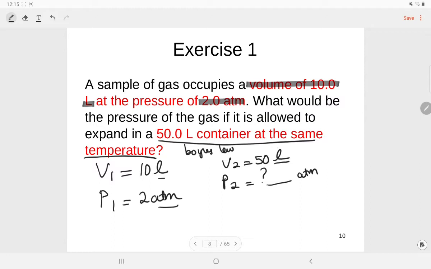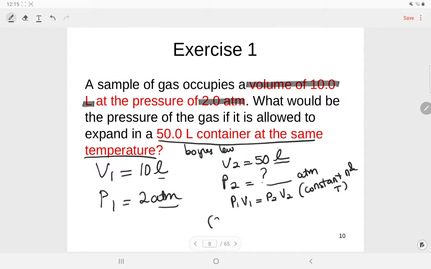So how to answer this? You need to write down the formula, P1 V1 equals P2 V2, and mention here constant n and T. That is the first mark. Secondly, you need to substitute the information given into the formula.